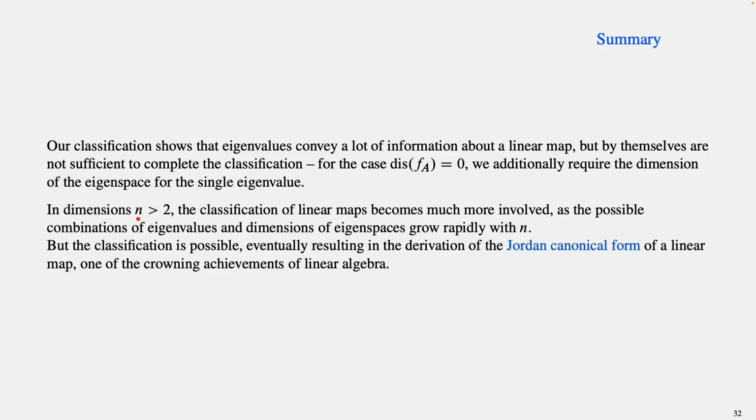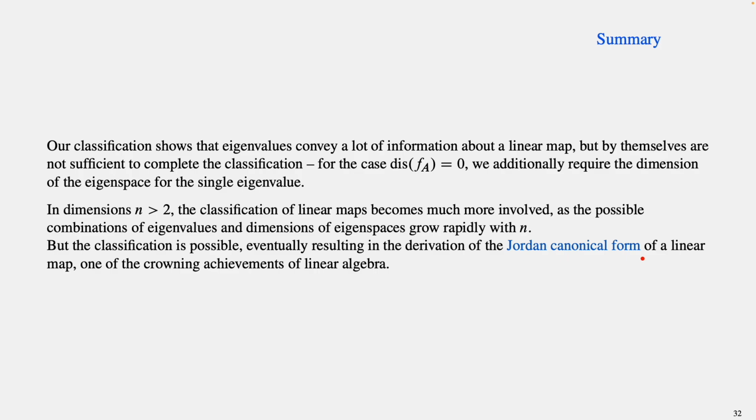In dimensions larger than 2, the classification of linear maps becomes much more involved, because as the dimension n of the space grows, the different combinations of eigenvalues and dimensions of the eigenspaces grow very rapidly with n. But such a classification is possible, and it eventually culminates in the theory called the Jordan canonical form of a linear map.